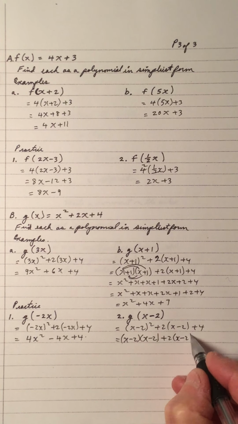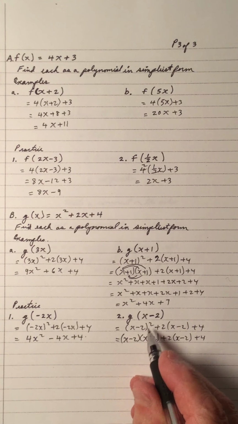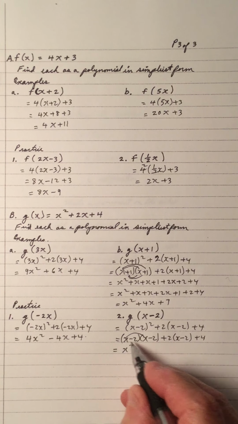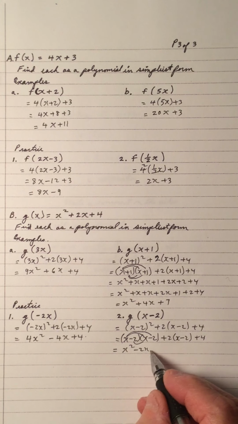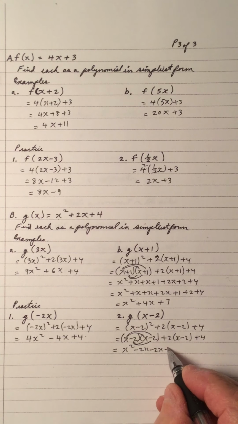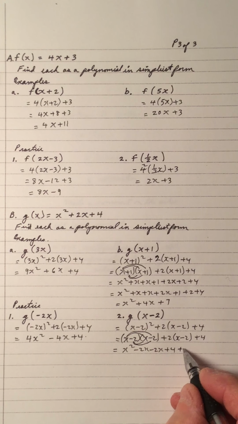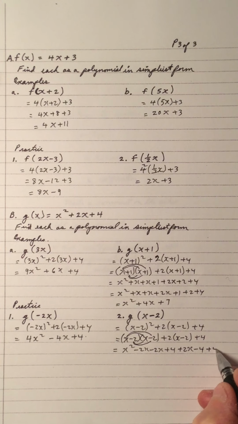So I'm not going to do any simplifying until I expand x minus 2 squared. And then I do the FOIL. First, x squared. Outside, negative 2x. Inside, negative 2x. Last, 4. Then 2 times x minus 2 gives me 2x minus 4, and then the plus 4.